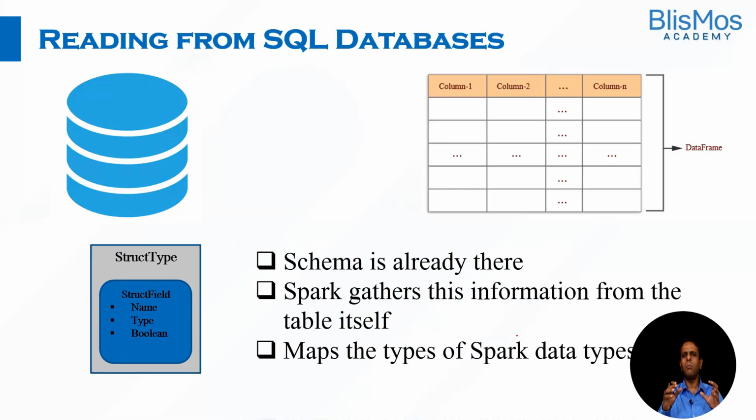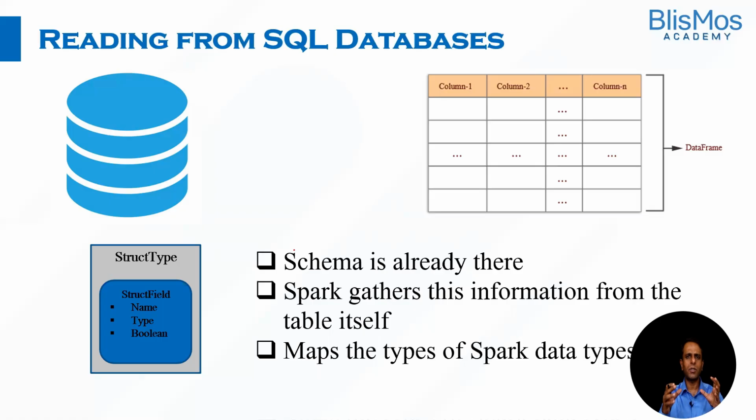One of the very important aspects is, as we know, databases do have schema. That is one of the very important aspects of the database, where until and unless you create a schema, you will not be able to create the tables themselves and load the data into them.